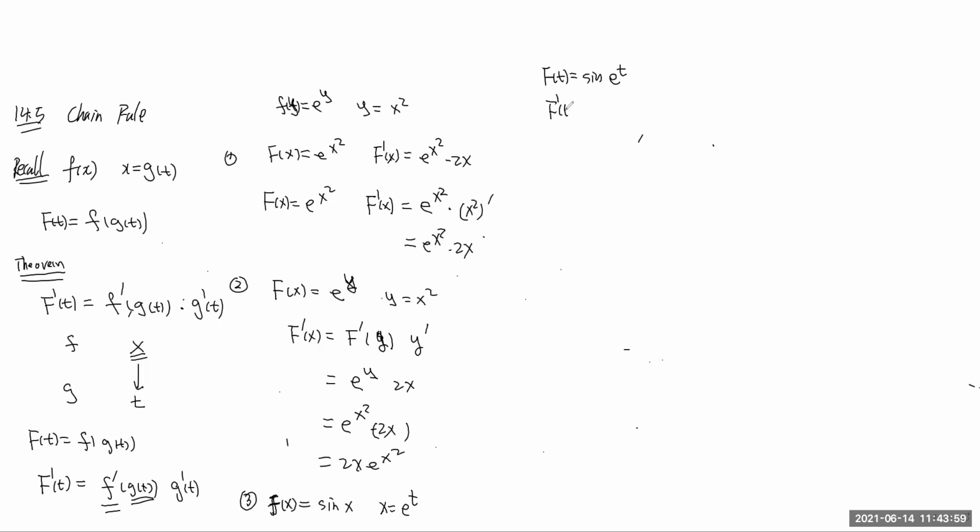Let's first compute the derivative with respect to t. This is the outer function sine. Just look at e^t as a whole. We get cosine(e^t), but we're not done yet, because we're differentiating with respect to t, you have to differentiate this again. So we get cosine(e^t), and the derivative of e^t is e^t. So the answer is e^t cosine(e^t).